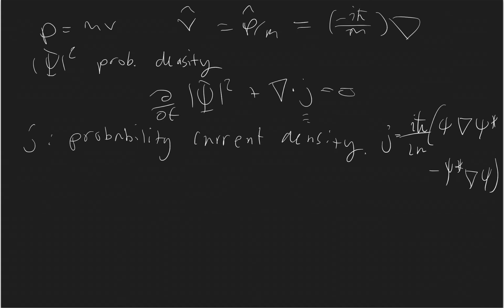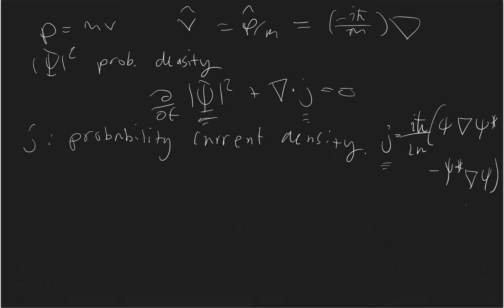And so if these are not equal to each other, there's going to be a difference that we need to account for, and then we take the divergence of this current density to be equal to the change in time of this probability density.